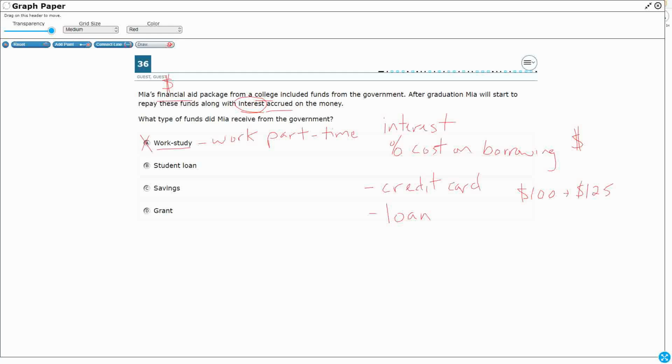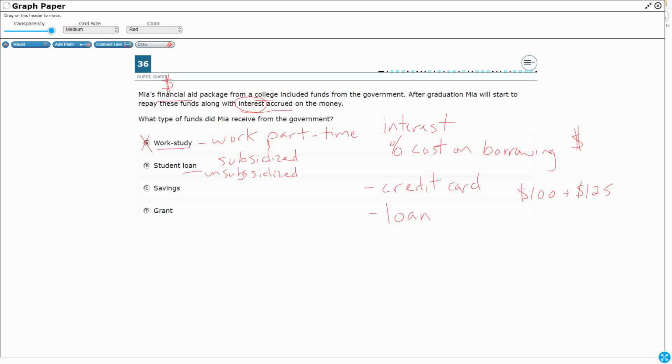Student loan, obviously we see that same word loan in here. Student loans are very big. There are lots of companies out there. The federal government has a lot of different ways that they actually loan money to students. And there are two types of loans, right? We've got subsidized, and then we've got unsubsidized. And obviously the difference is that un means not.